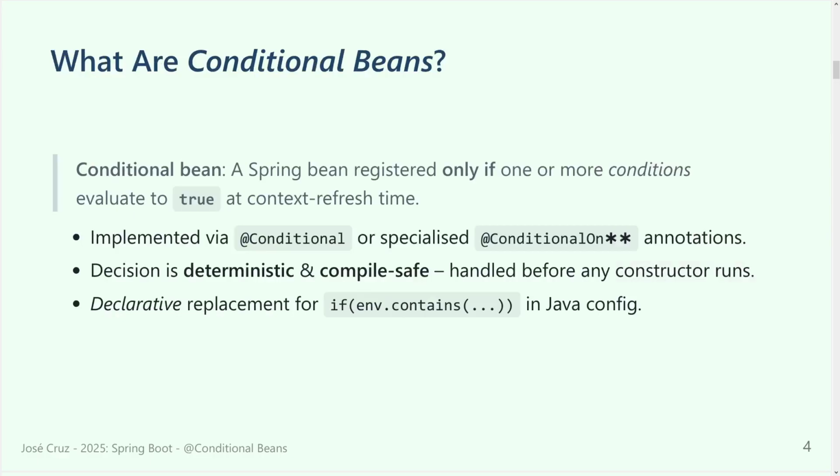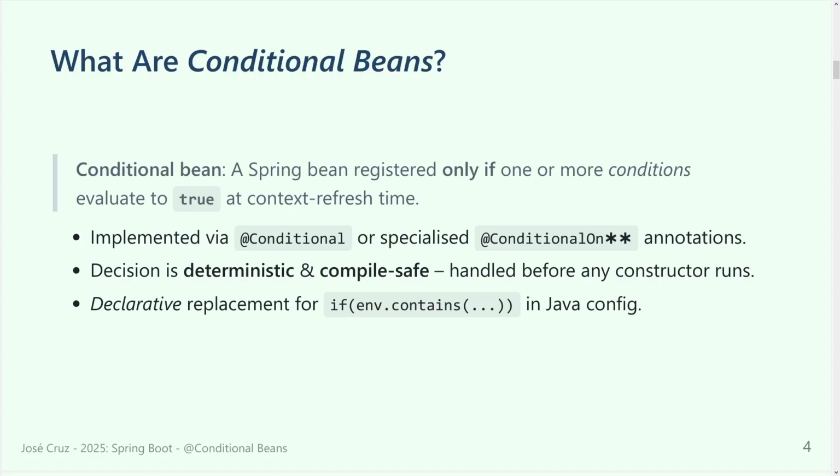So what are conditional beans? A conditional bean is a Spring bean that is registered, not instantiated, registered only if one or more conditions evaluate to true at context refresh time. It is important to understand what context refresh time is. Context refresh time is, for instance, when the application starts, because it looks for all the beans, or when you explicitly want to refresh the application context, all the beans inside the application.